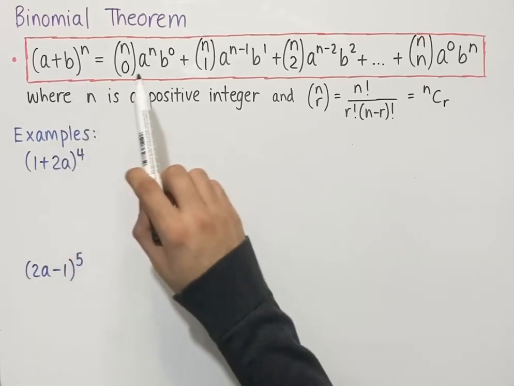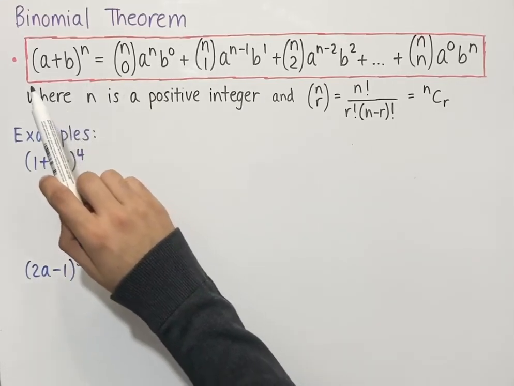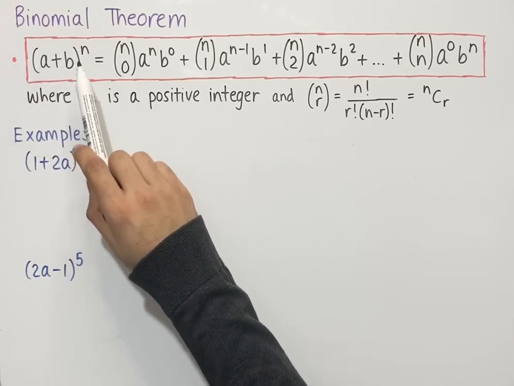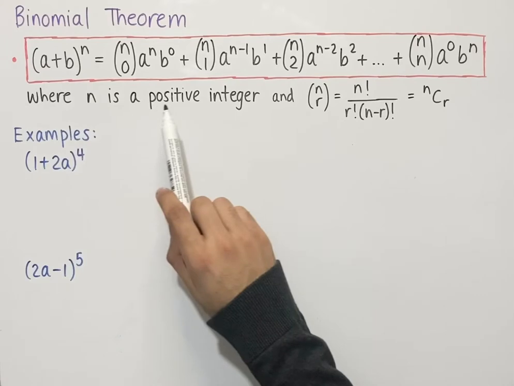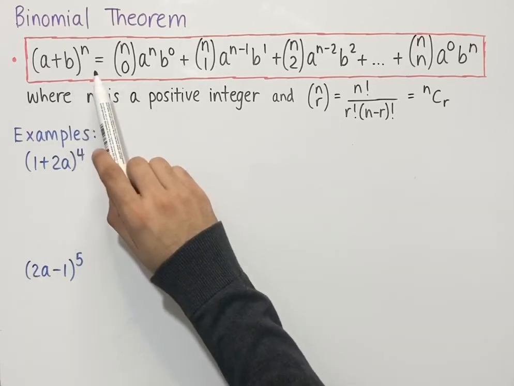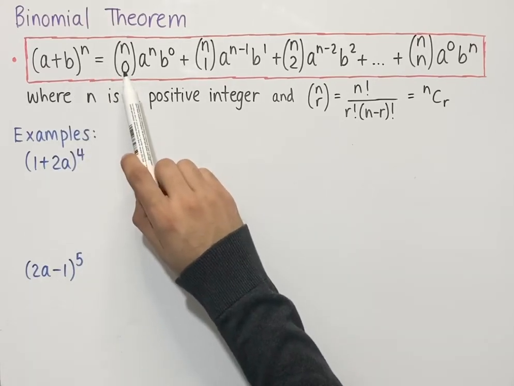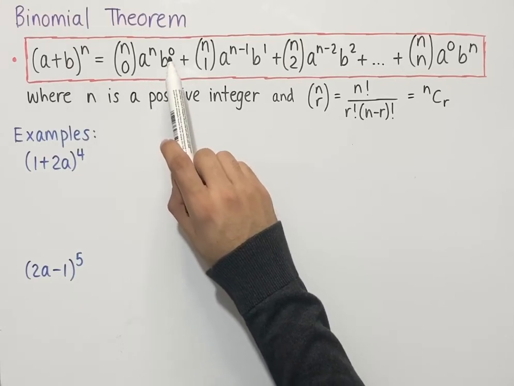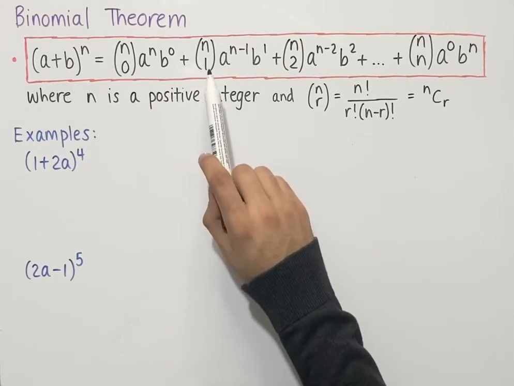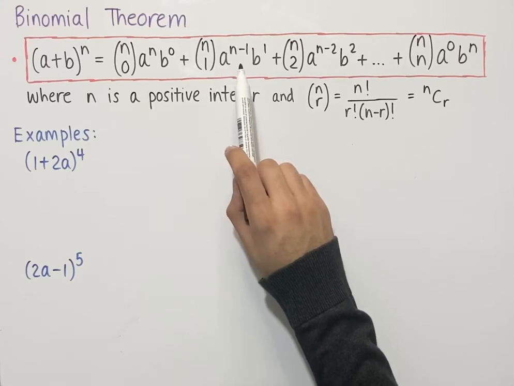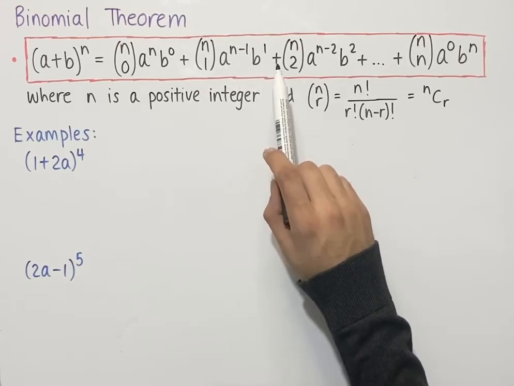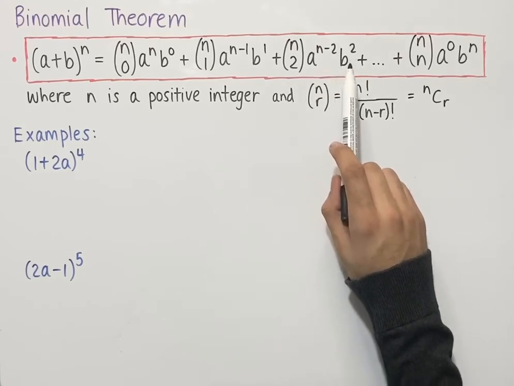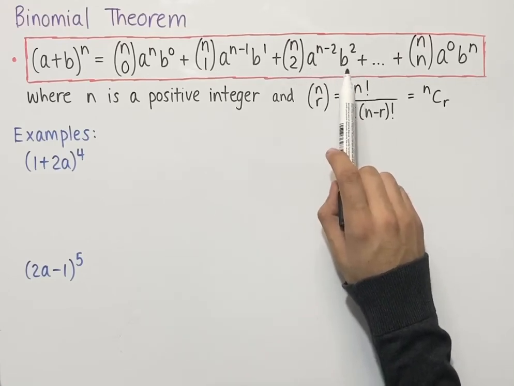The binomial theorem states that if we have a binomial, say (a plus b) all to the power of n, where n is a positive integer, then this equals n choose 0 times a to the power of n times b to the power of 0, plus n choose 1 times a to the power of n minus 1 times b to the power of 1, plus n choose 2 times a to the power of n minus 2 times b to the power of 2, plus whatever terms are in between.